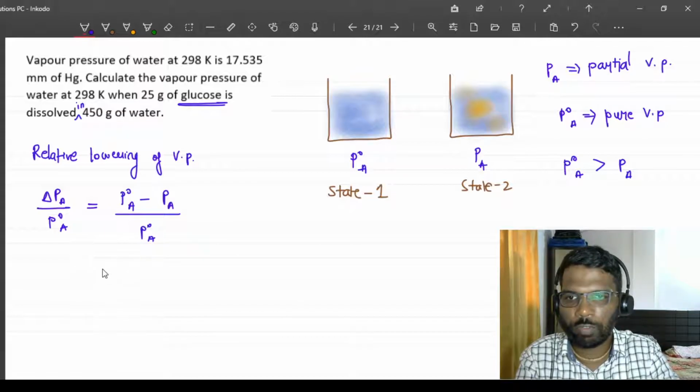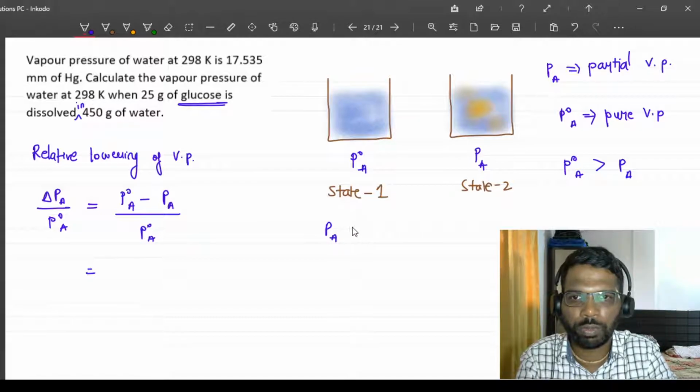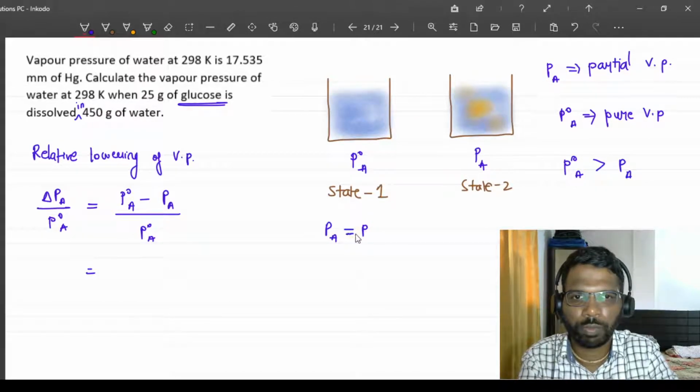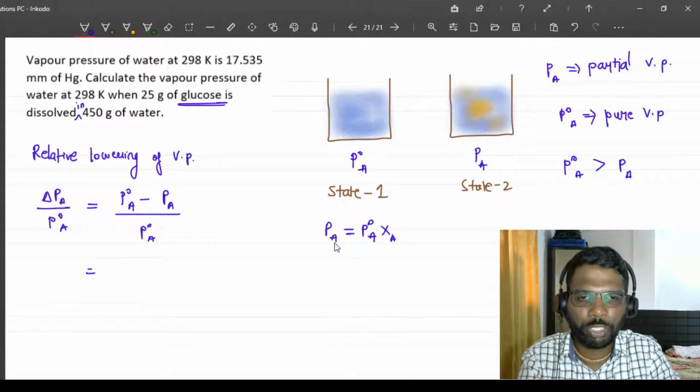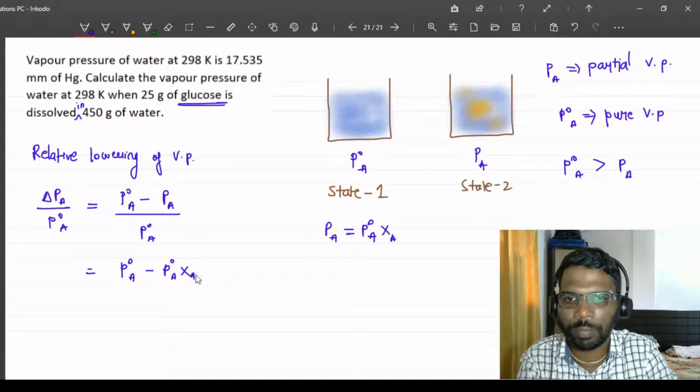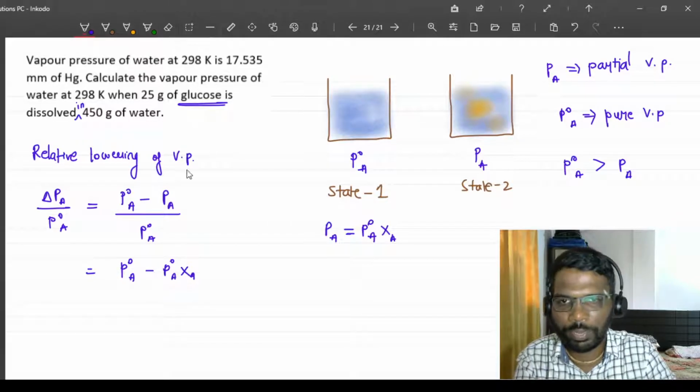Now, from Raoult's law, we can write PA is equal to P naught A into the mole fraction of A, meaning the partial pressure of A is directly proportional to the mole fraction of A. So here I'll substitute this value on the top.